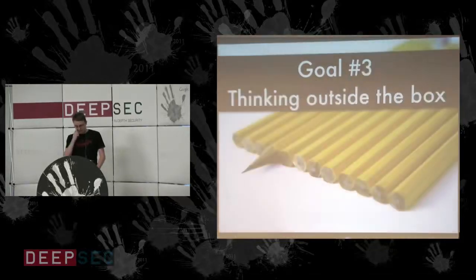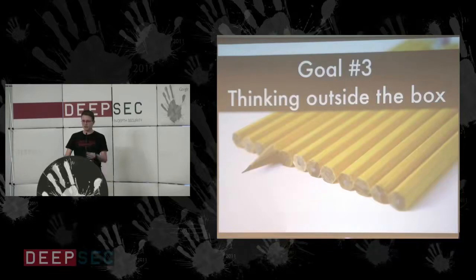And very important, we wanted to think outside of the box. So we didn't really follow paths which were already walked by others. We wanted to try to find some way around the main paths.